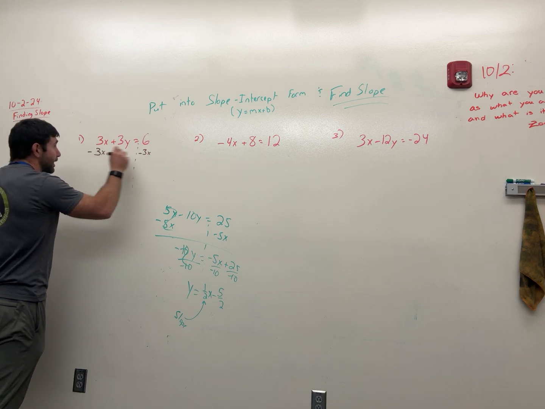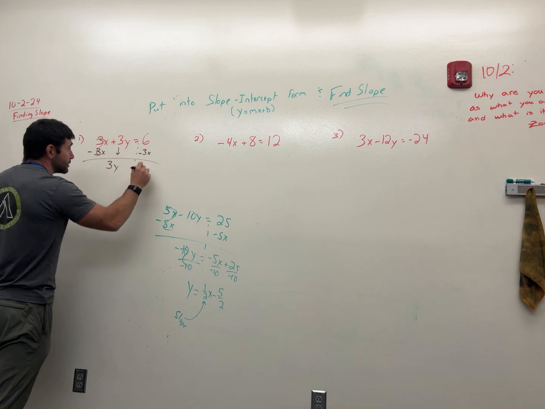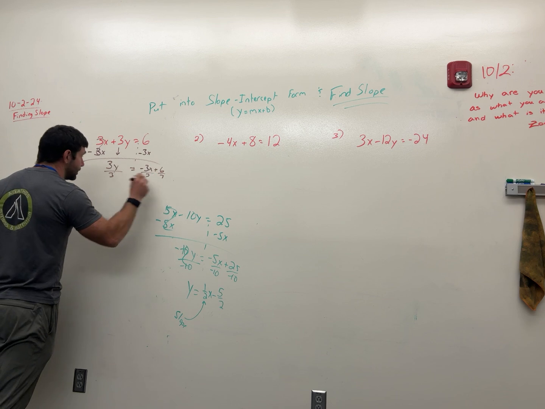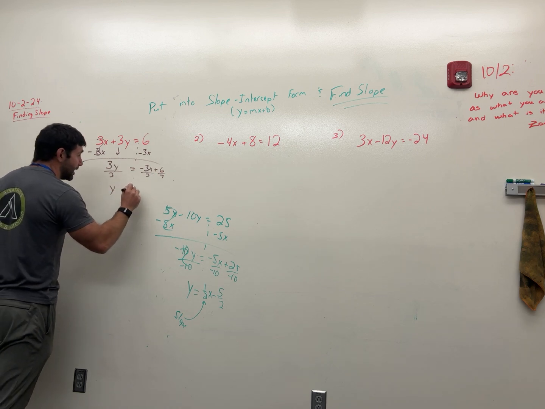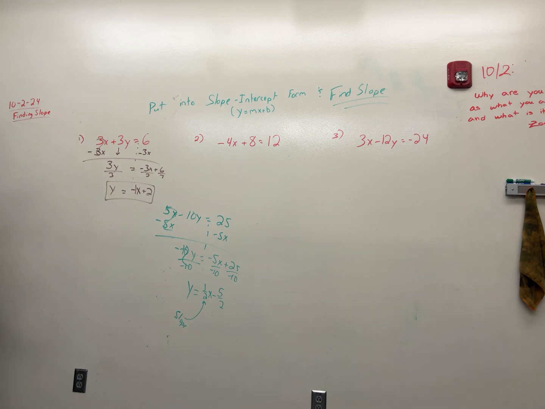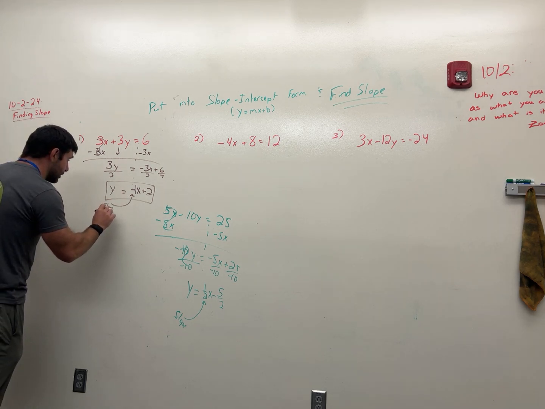So we try to get the y by itself. That leaves me 3y equals negative 3x plus 6. Divide by 3. y equals negative x, or negative 1x, plus 2. That's solving for y.